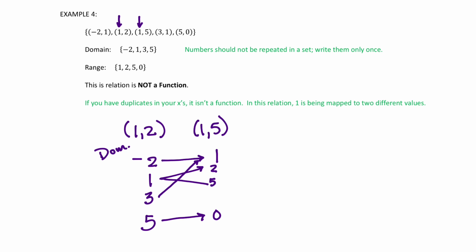So the problem is right here because 1 has 2 arrows coming off of it. This 3 that also points to the 1 isn't an issue. It's the 1 because it has 2. Not a function.